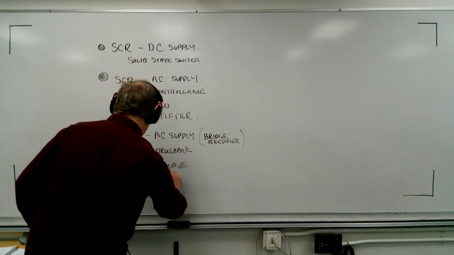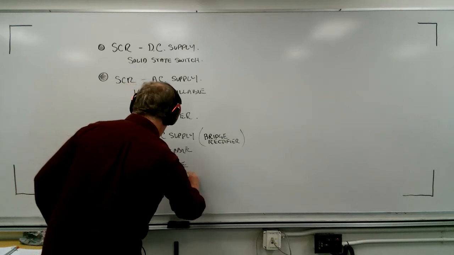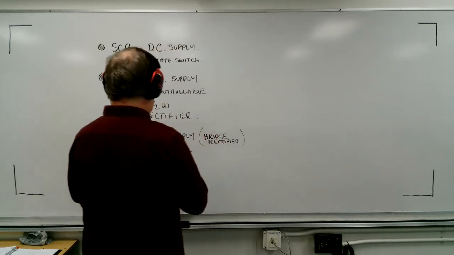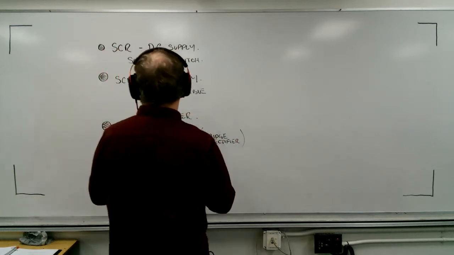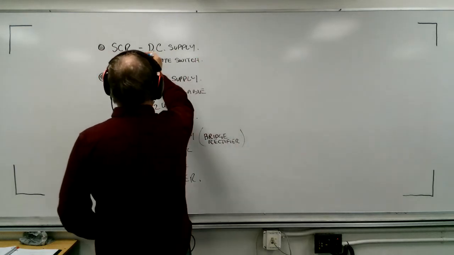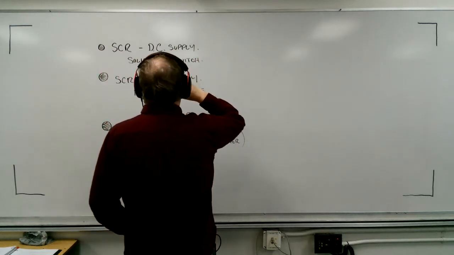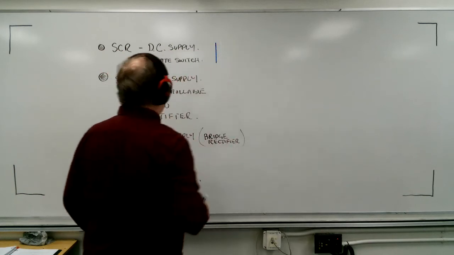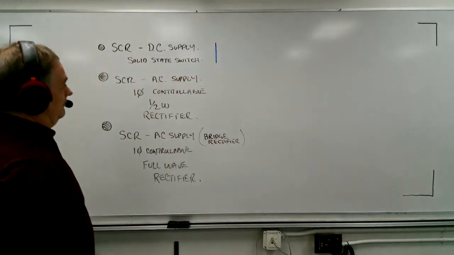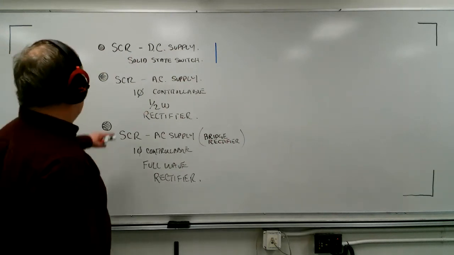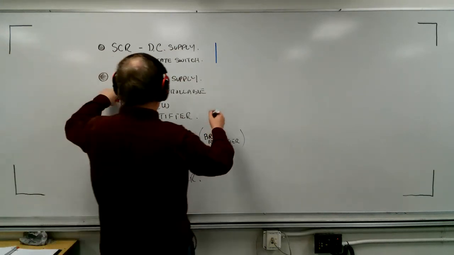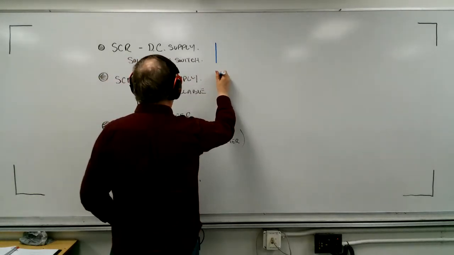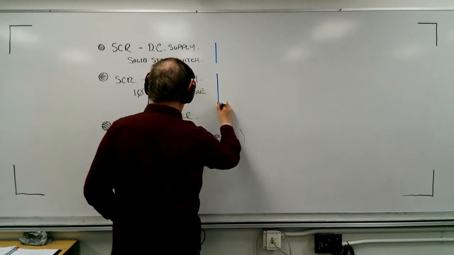And now, just to sum up, let's take a look at how we can line this up. So in DC, basically this solid state switch, there were a lot of advantages to the solid state switch. When it comes to rectification, there are huge advantages to being able to control the amount of actual load voltage from this half wave rectifier.